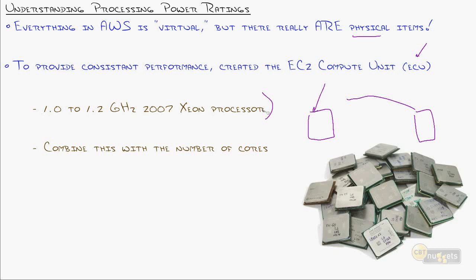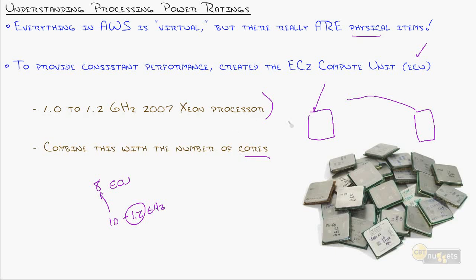Really, this kind of generifies, that's a word I just made up, all of the processing into a generic standard, to where when I say I'm getting an 8 ECU unit, that means I'm getting essentially the equivalent of 8 processors running between 1.0 and 1.2 gigahertz. That's the speed that they're rated at. Now, I'll say in my experience, just about everything's running at 1.2. And then you combine that with the number of cores.